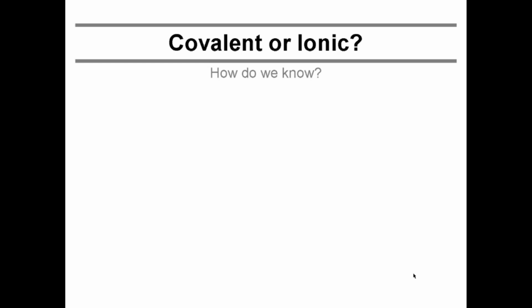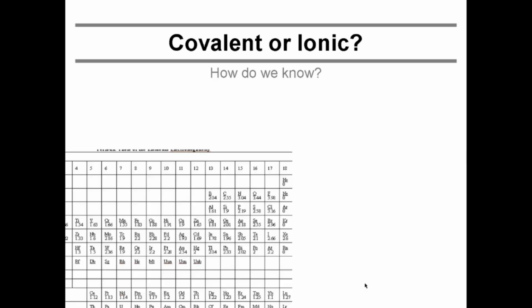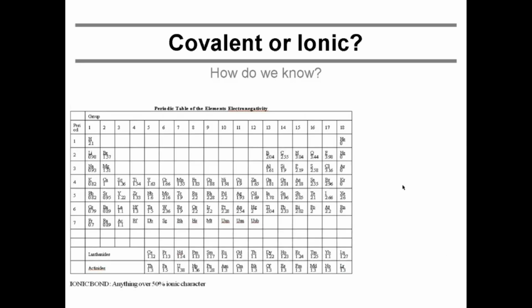Covalent or ionic bonding, how do we know this? Is there any way to figure this one out? Well, they created a table, basically a periodic table, and it lists funky numbers. These numbers are the numbers of electronegativity.